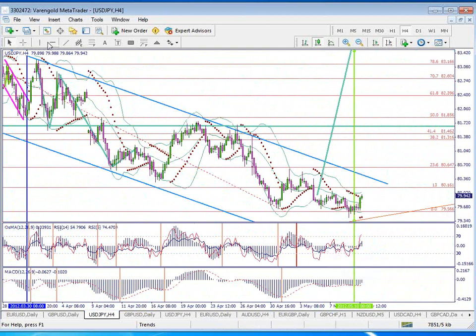We had several signals for buy already. This one was something like a confirmation from MACD.